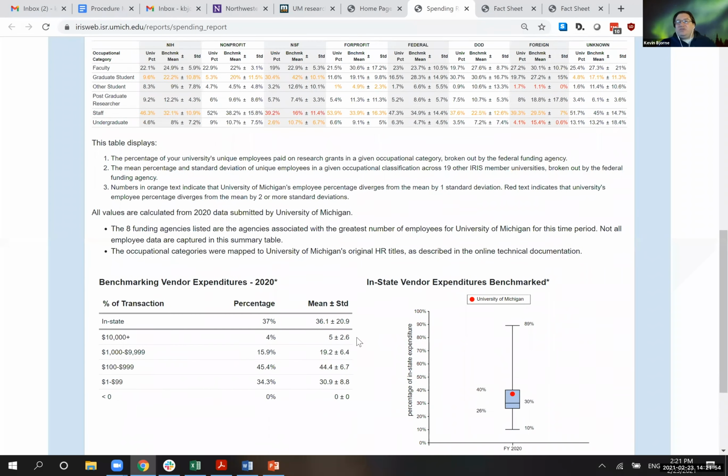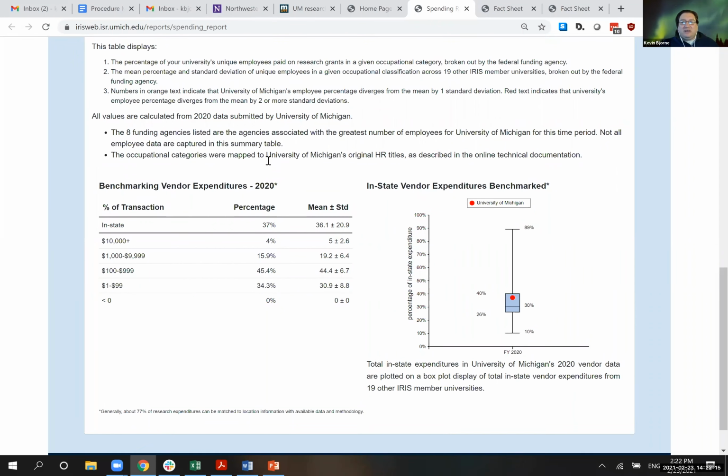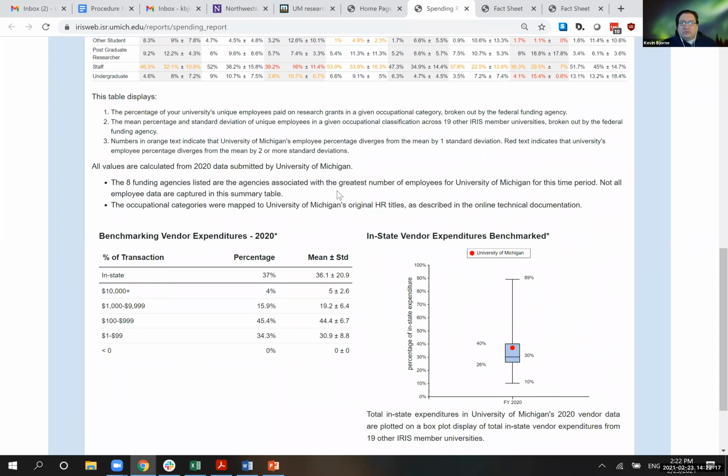And then down here, we also look at spending. In-state spending is one that's always of interest. So of all the universities in comparison here, where does the University of Michigan fall when it comes to spending money in the home state? So you can see, right around, let's see, it tells us here in a number. I can't quite find it here off the top of my head.